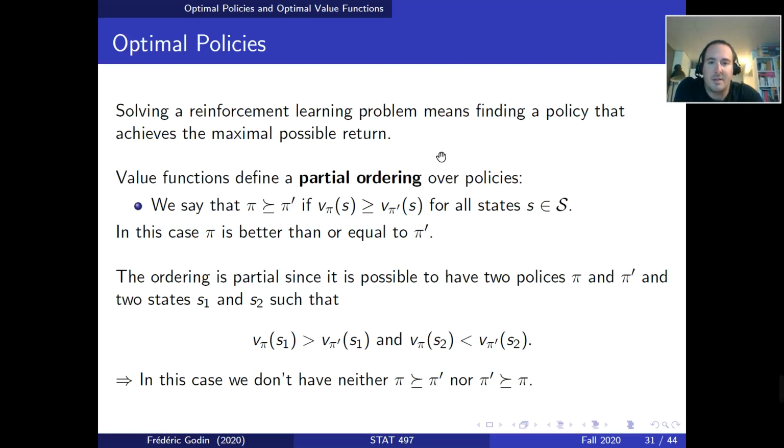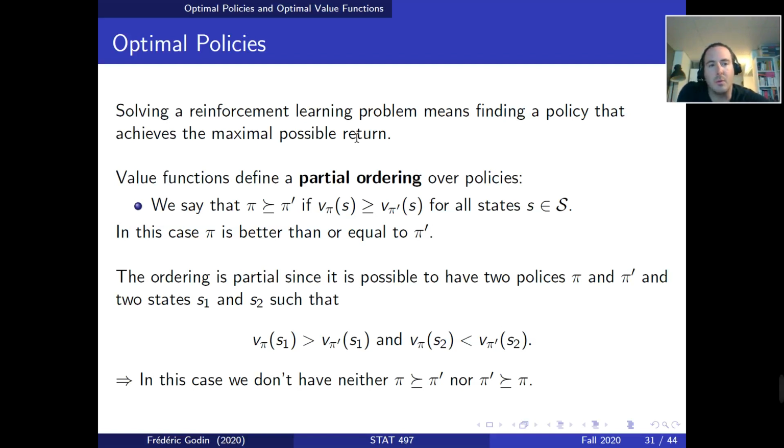Solving a Markov decision process or a reinforcement learning problem will mean finding a policy which achieves the maximal possible return. Recall the return is the sum of discounted rewards in the future, and we'd like to maximize its expectation. So we try to find a policy which maximizes the expected discounted returns.